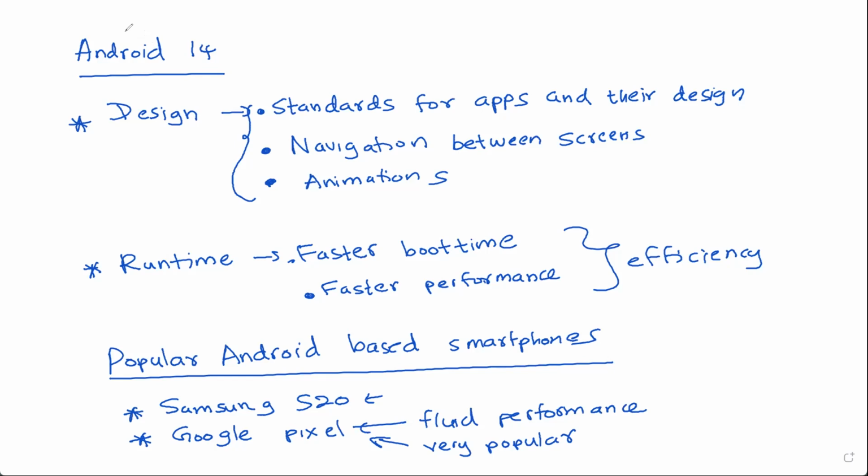Because of that, the demand for such Android based systems has also increased, not only because it's freely accessible, but also because it is performing very well in comparison to Apple iOS.